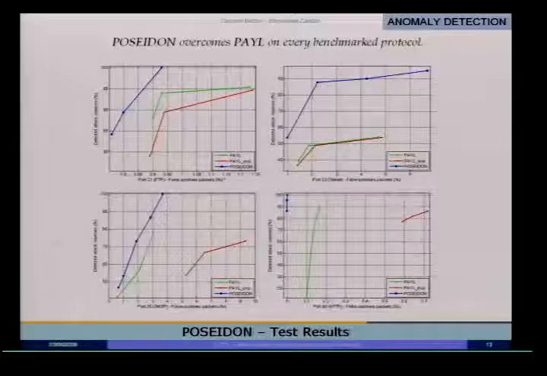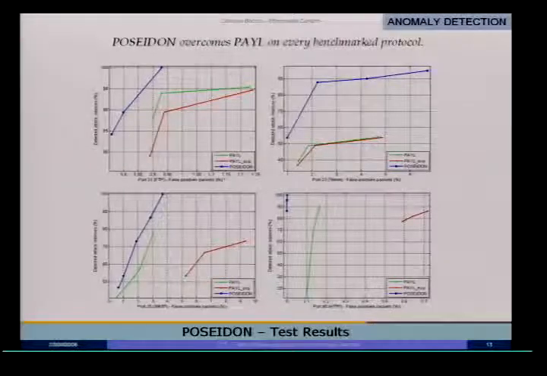We can see that Poseidon overcomes PAYL on every benchmark protocol, and in particular for HTTP traffic we have the best results, with a 100% detection rate and about 0% false positive rate. So Poseidon is suitable not only for output anomaly detection, but also as a standalone anomaly-based network intrusion detection system.